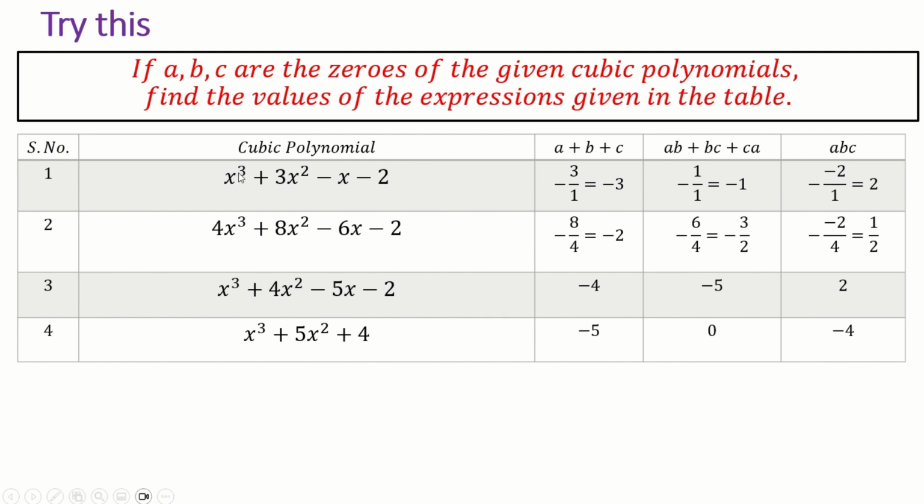So if it is x cube plus 3x square minus x minus 2, we know that it is minus b by a, so it is minus 3 by 1, that is minus 3. That is a plus b plus c. Now ab plus bc plus ca is nothing but minus 1 by 1, that is minus 1. abc is minus of minus 2 by 1, which is 2. Okay. So same way you can do for other terms.